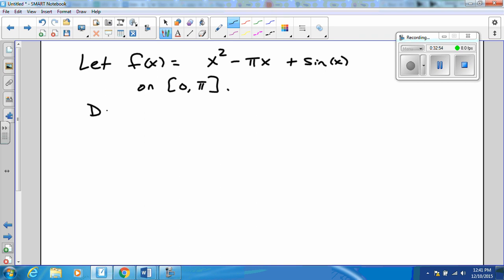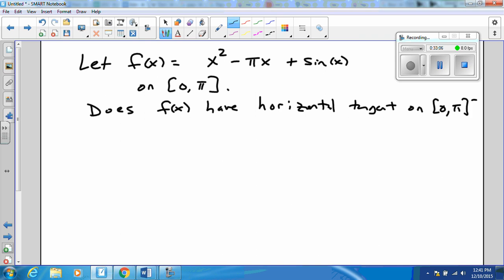It's yucky. Now we ask a question. Does f of x have a horizontal tangent on the interval 0 to pi somewhere?